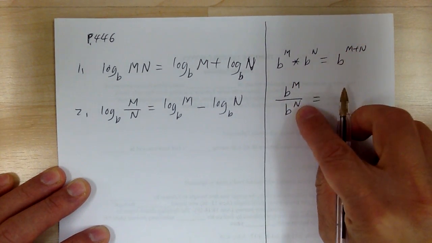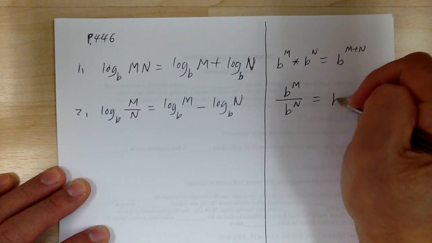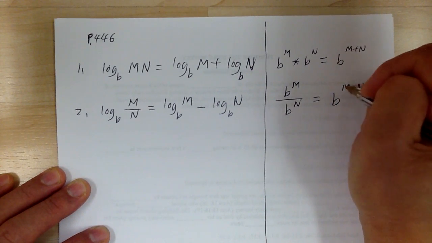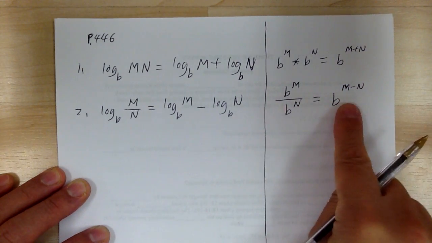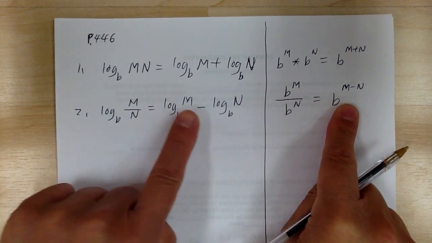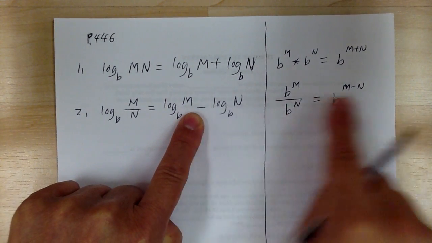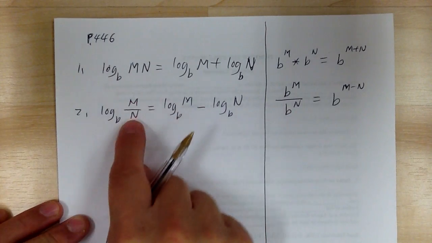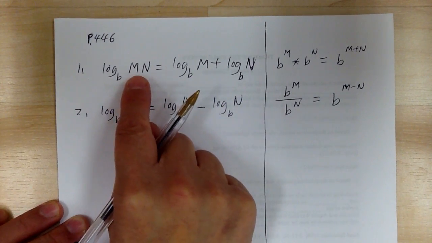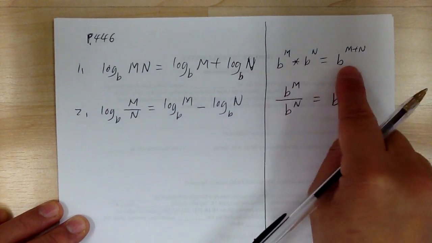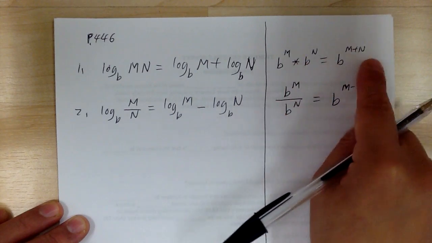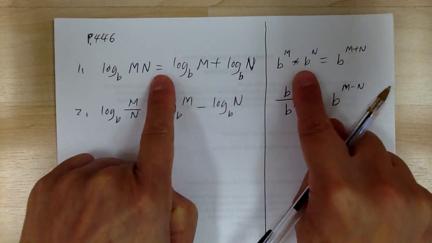When you have division, you subtract the exponents, so it becomes b to the m minus n, right? This is the exponential function, this is the log function. You can see the similarity between the two. When you have division, it becomes subtraction. When you have multiplication, it becomes addition. So you can see the comparison.